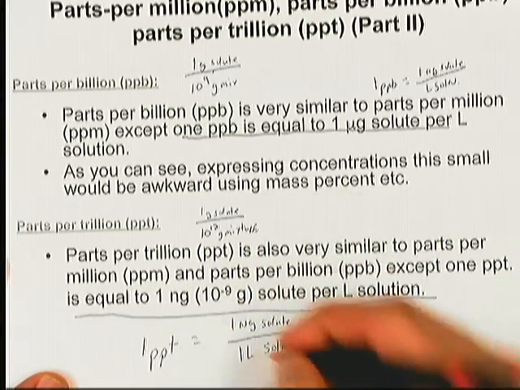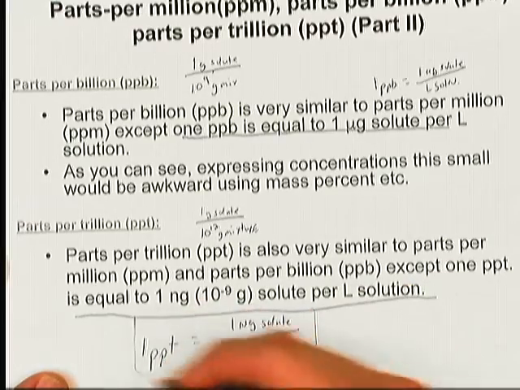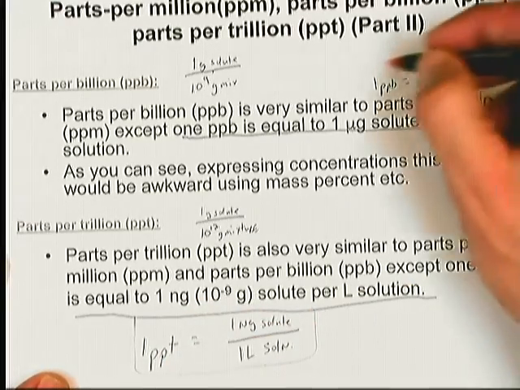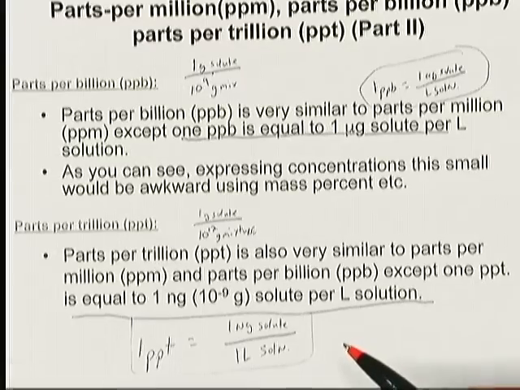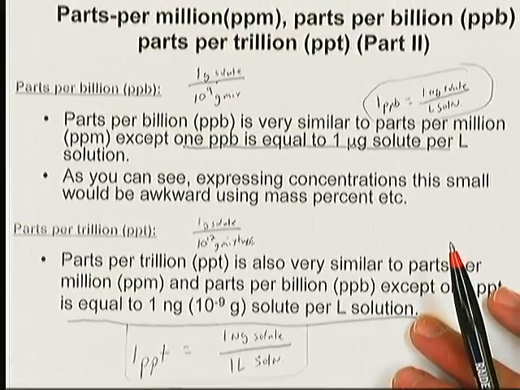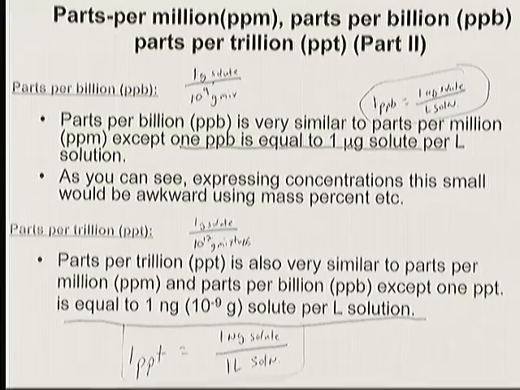And again, these simplifications only work for dilute aqueous solutions. So a part per trillion concentration is exceedingly small. I've heard it reasoned that 1 part per trillion is like 1 drop of water in an entire Olympic-sized swimming pool. So very, very low concentrations here. Not many analytical methods can measure in this parts per trillion range, as it turns out. But that's what we mean by parts per notation. Moving on then.